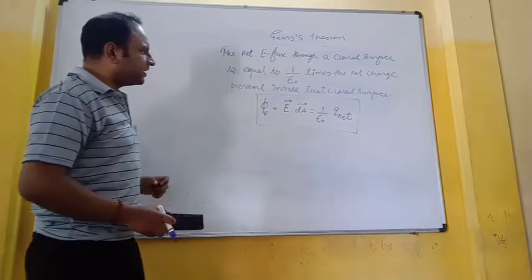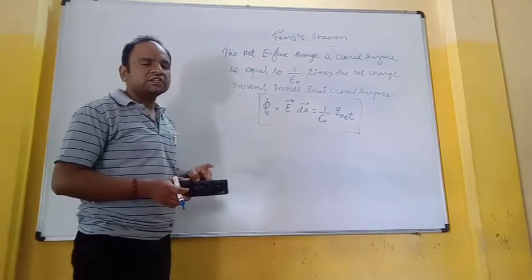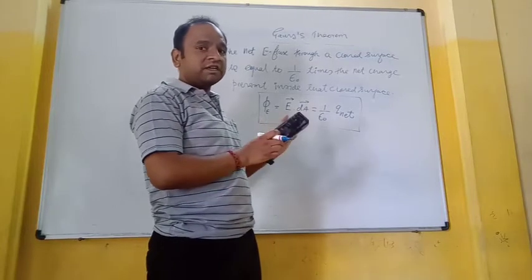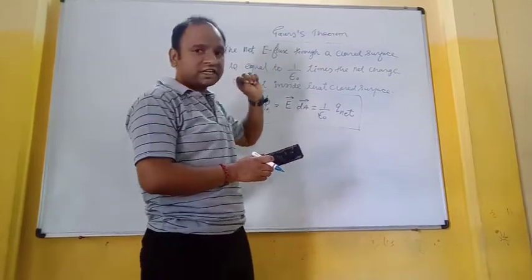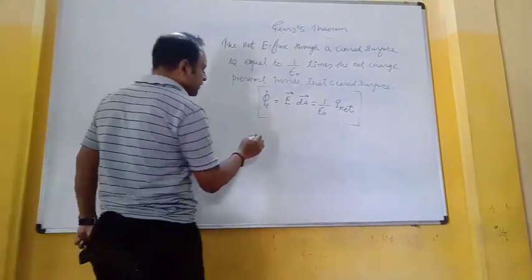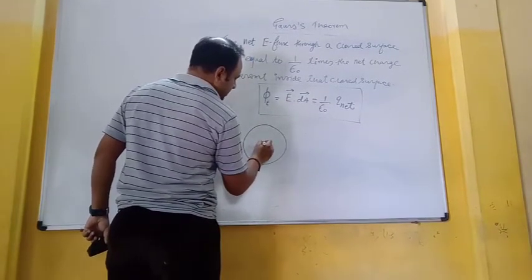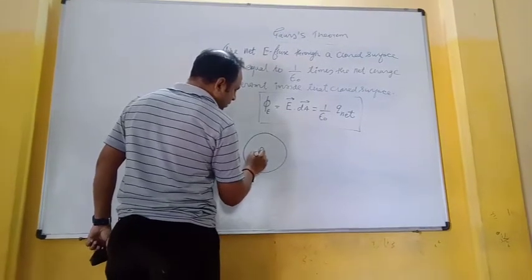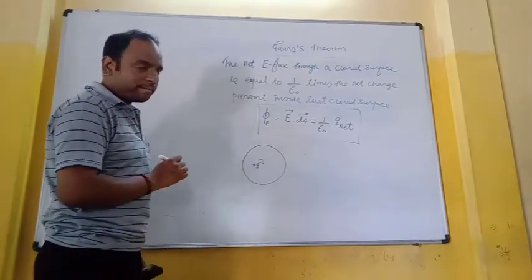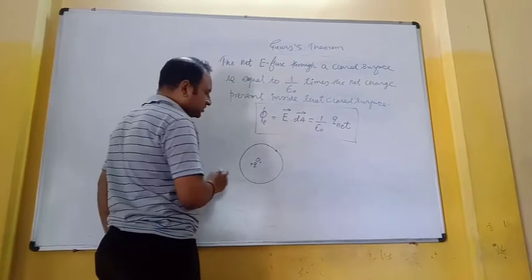If we take again a simple example of a source charge which is enclosed inside a closed surface, for example, again the sphere. Spherical symmetry is the most common as far as electrostatics is concerned. So we will take the example of the sphere again. If I take a sphere, something like this, and at the center of this sphere, let us say O, I keep a source charge, let us say plus Q, and on the surface of it, I take a unit positive charge.